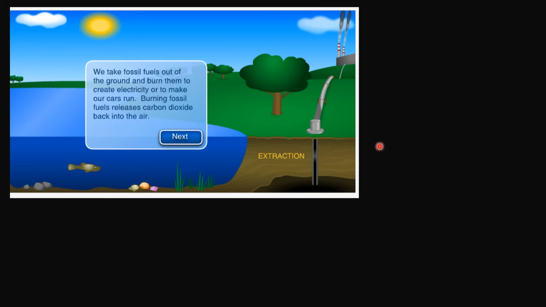Now, a person might take the fossil fuels out of the ground, right? They're extracting them. They either have an oil well, or coal mines, or people going down and getting coal. They take it to a power plant and burn it. So when you burn it, obviously that's going to go back into the air where it came from.